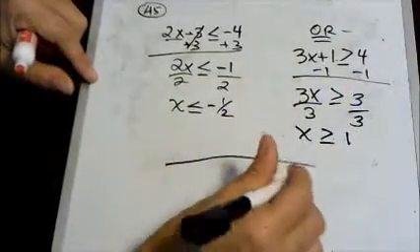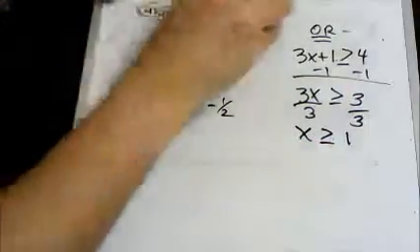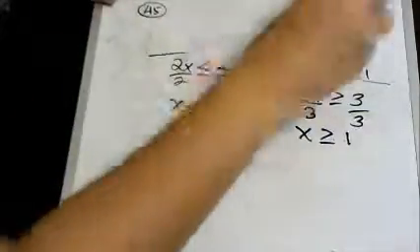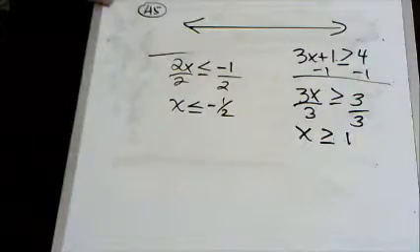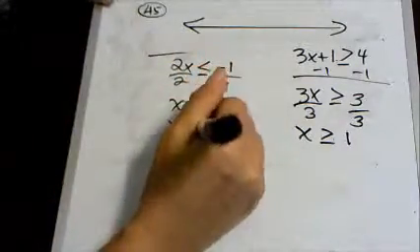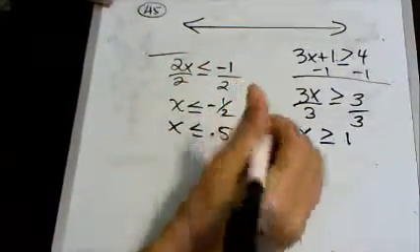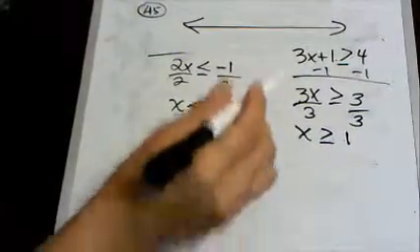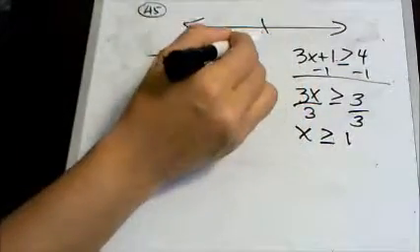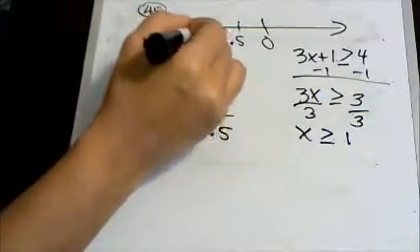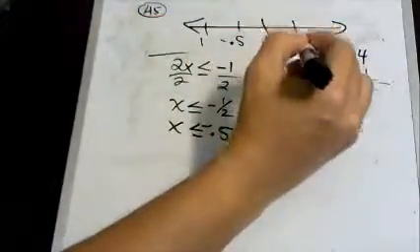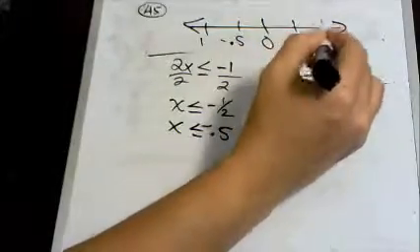So now, since we have our ors, this is what your graph will look like. This right here is the same as negative 0.5, so that's easier for me to figure out. Here's 0.5, negative 0.5, and a 1.